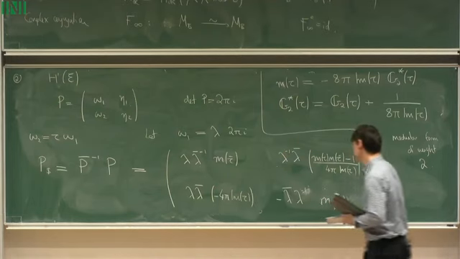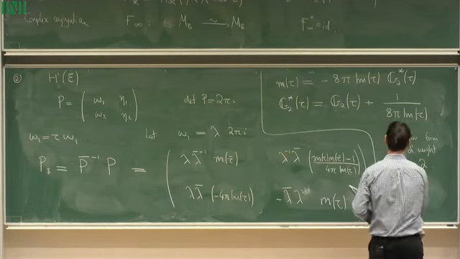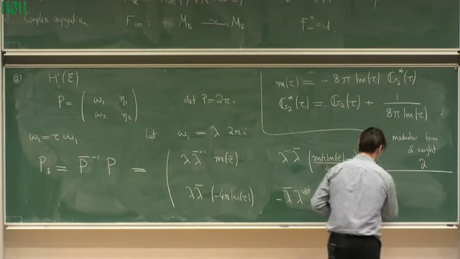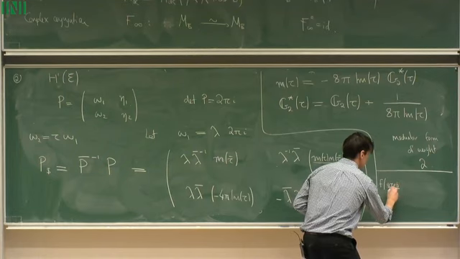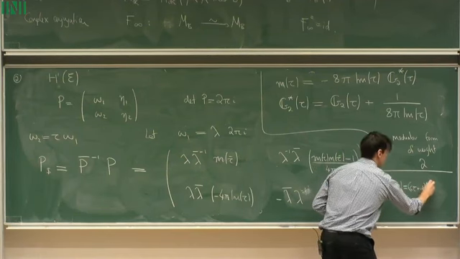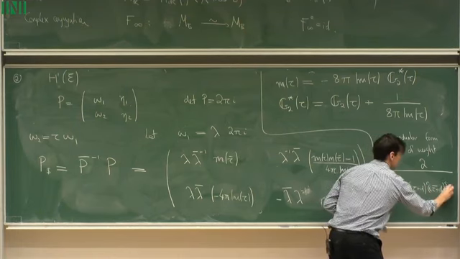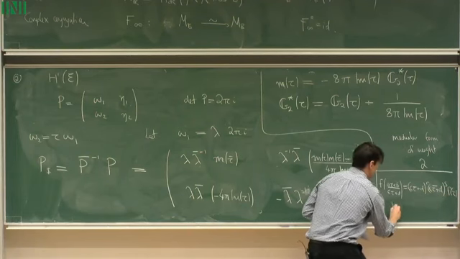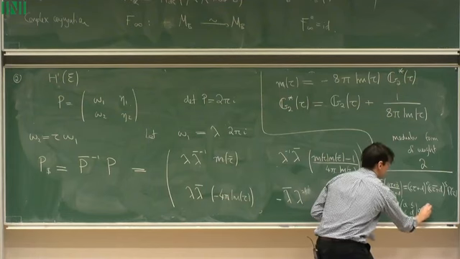The point is that these functions transform in the following way: f of (a tau plus b) over (c tau plus d) equals (c tau plus d) to the r, (c tau plus d bar) to the s, f of tau, for all a, b, c, d, a 2 by 2 matrix in SL2(Z).